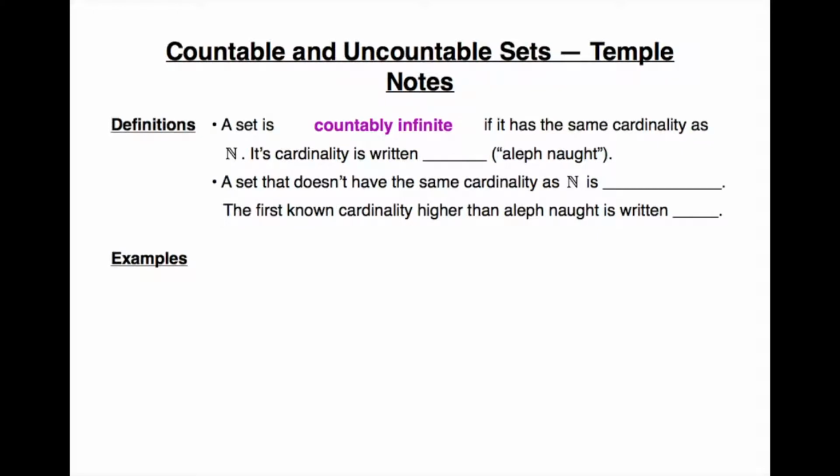Georg Cantor used the Hebrew letter Aleph Naught to describe the size of the set N and the size of any countably infinite set. A set that does not have the same cardinality as N is uncountable, and the first known cardinality higher than Aleph Naught is written Aleph 1.